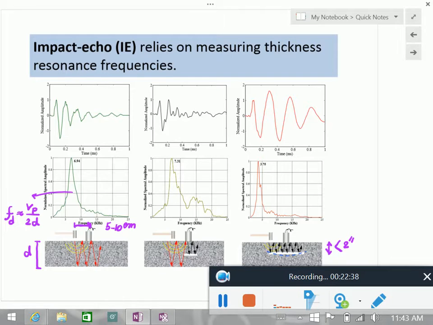In this case, they're overlapping. You can have two if you have something going on. This is what I was trying to explain. If you see two peaks, it means that you have something causing that second peak. So if you have two peaks, one at a high frequency, one still here, it means that you have a boundary inside. Okay.